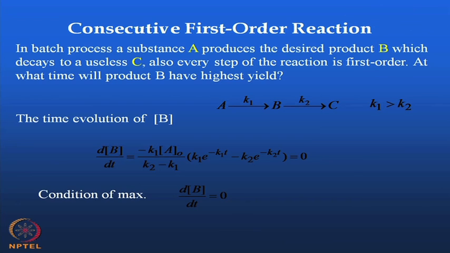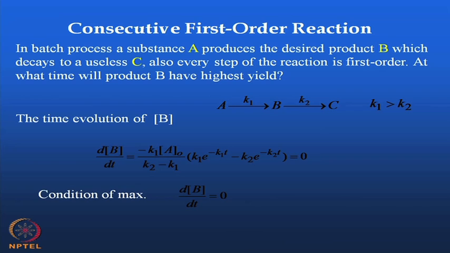If you think of industrial processes, like A, which is producing the desired product B, and then your desired product may undergo some side reaction or some other reaction which is an undesired one, maybe useless to you. Also think that these two steps are first order for simplicity, and also K1 is greater than K2.